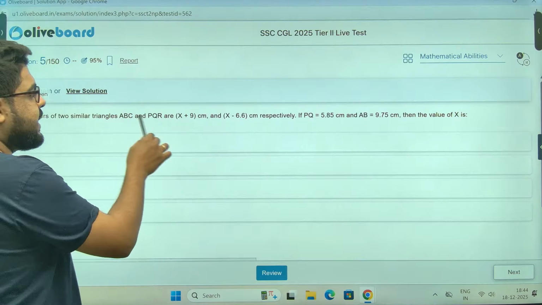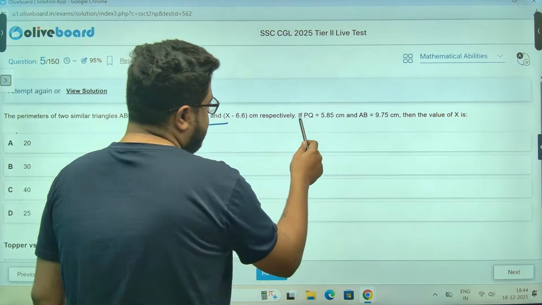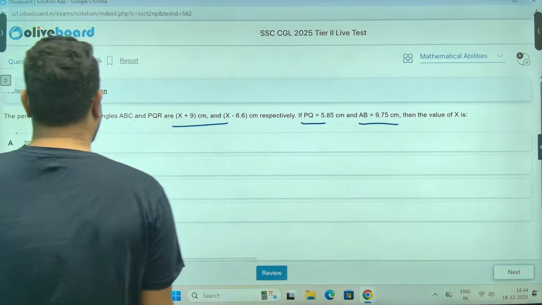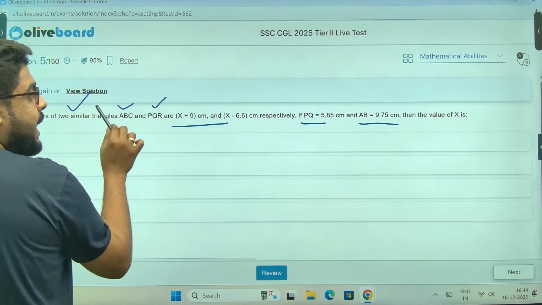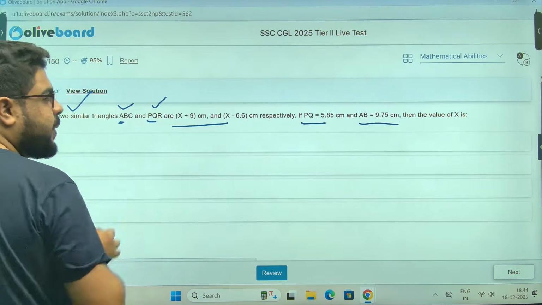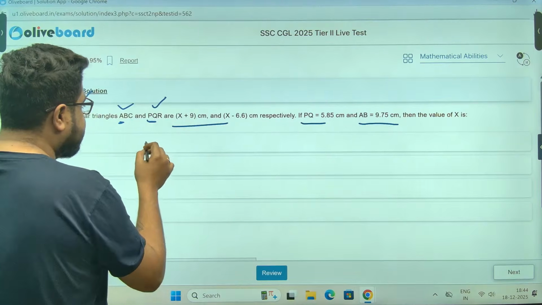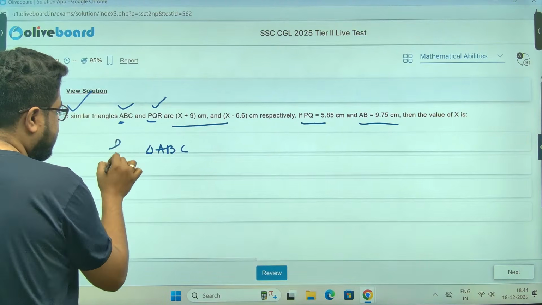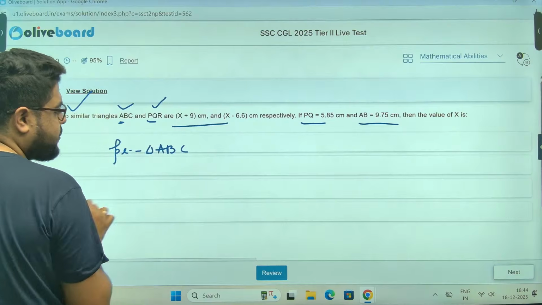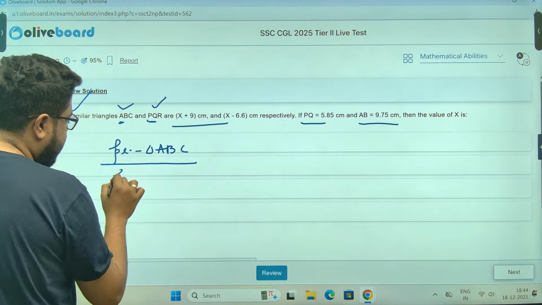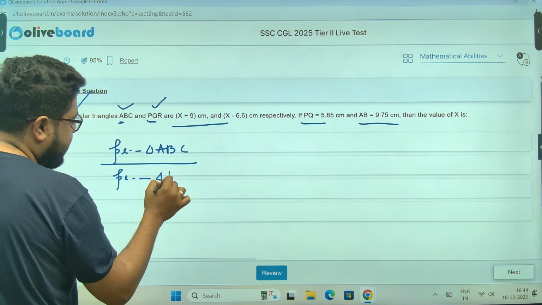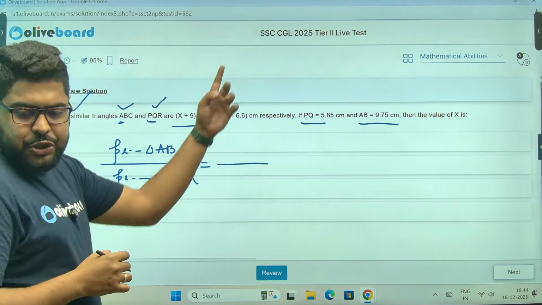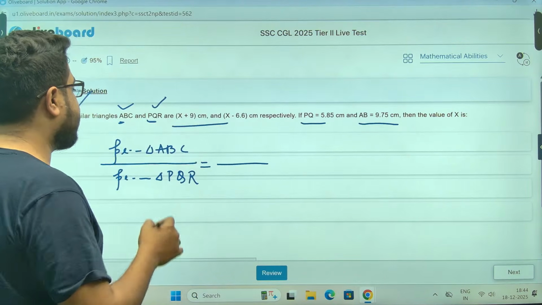Perimeter, similar triangles given. Similar triangles, PQ and AB given, ABC and PQR. AB corresponds to PQ. So the ratio of the perimeter of triangle ABC to the perimeter of triangle PQR will be equal to the ratio of the corresponding sides.